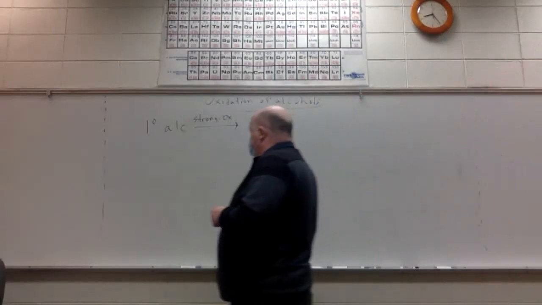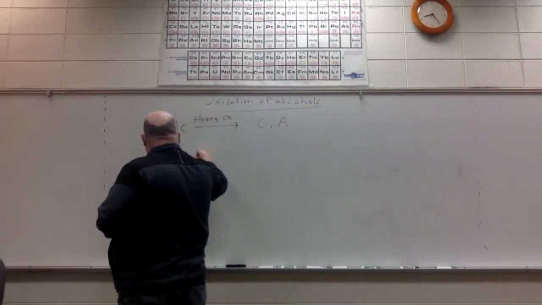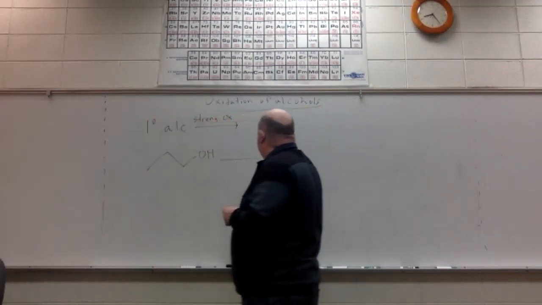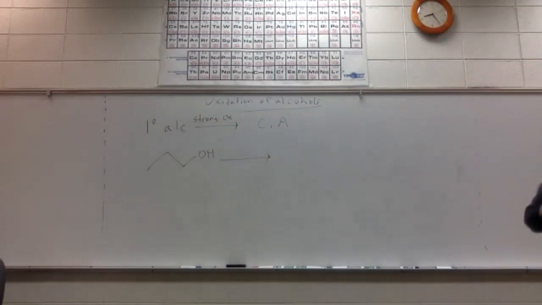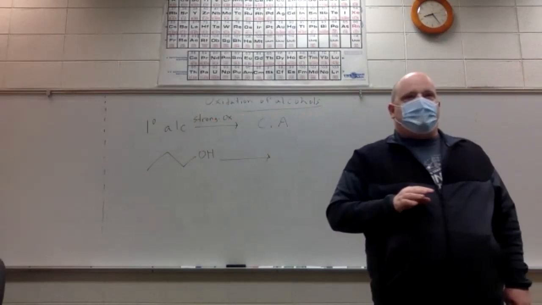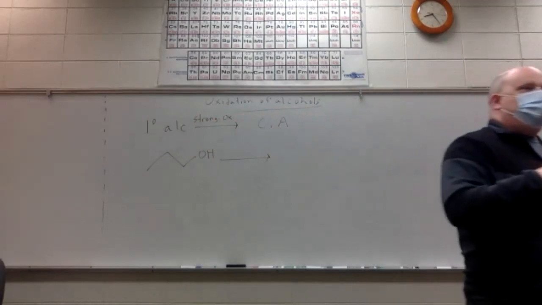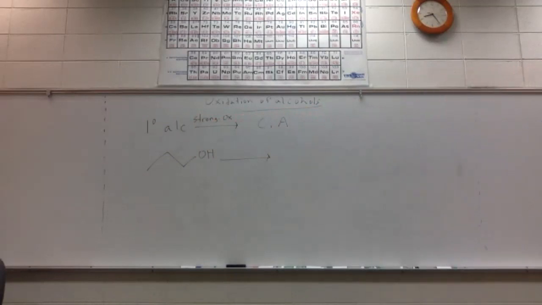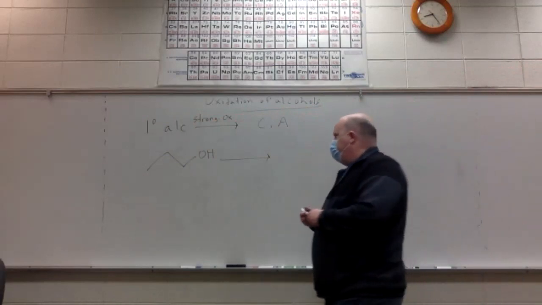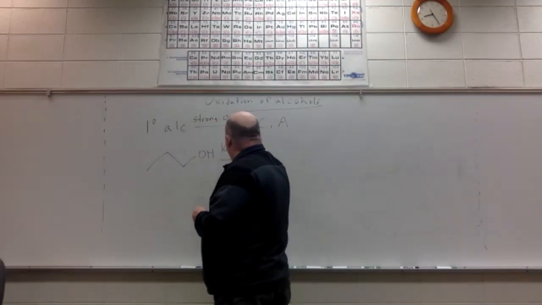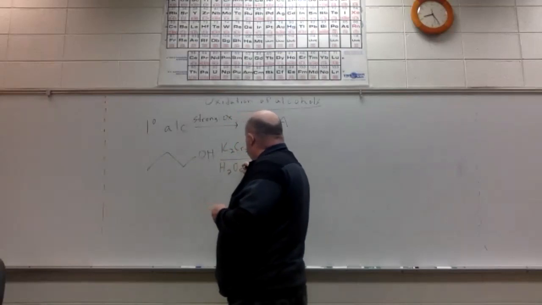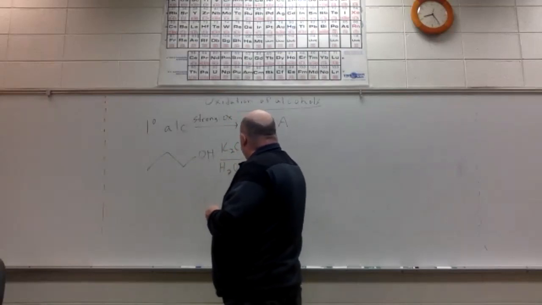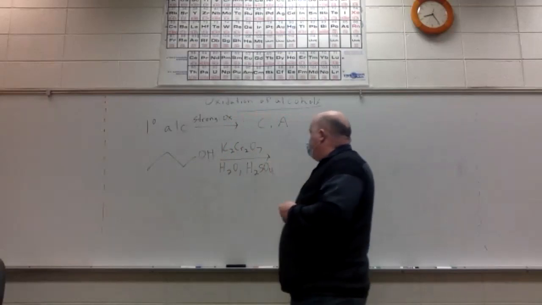All right. So, for example, you have that primary alcohol. A strong oxidizer, if you look in your book, there's several examples. Several of the ones I named the other day. Potassium permanganate is a strong oxidizer. Dichromate ion is a strong oxidizer. I'll just use that one as an example here, used in conjunction with sulfuric acid and water.